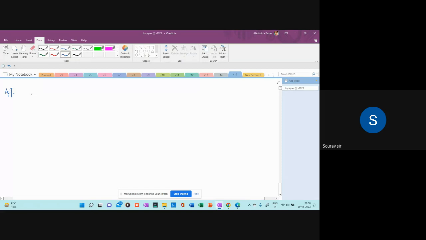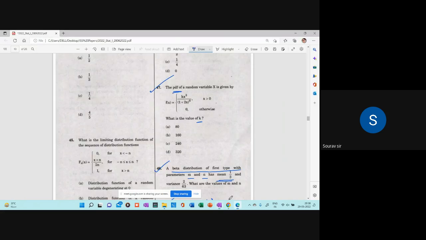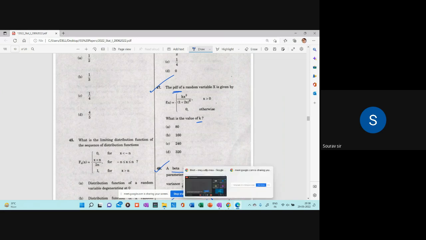So let me write the PDF form: k x cubed by (1 plus 2x) to the power 6, for x greater than 0, and you have to find the value of k.